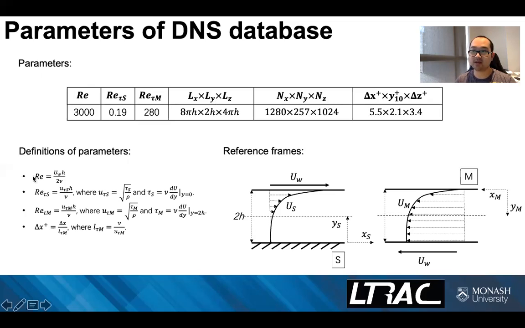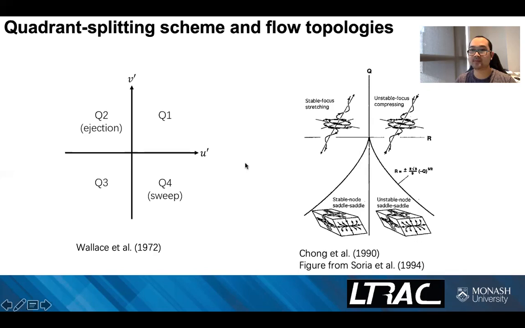Those parameters are defined here. So in our study, we set two reference frames fixed on two walls to observe the statistics. The mean property observed on the stationary wall is labeled with a subscript S here. On the moving wall, it is subscripted by M here.